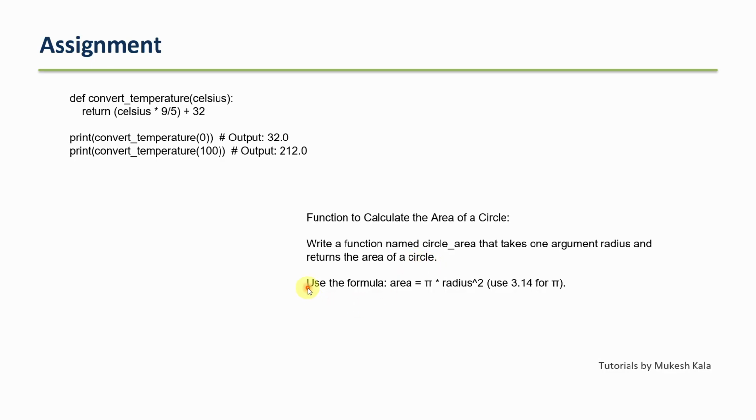Use this formula: area is equal to pi, whose value is 3.14, so instead of pi just replace it with 3.14, into radius square. Pi r square, if you remember it from your childhood. You have to use this information to write a function to calculate the area of the circle. This second one you have to create yourself.